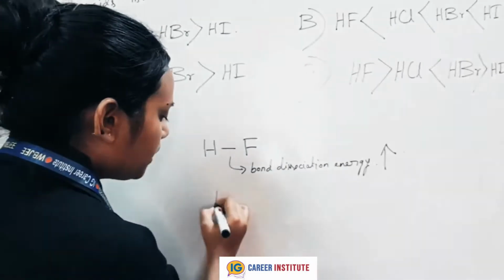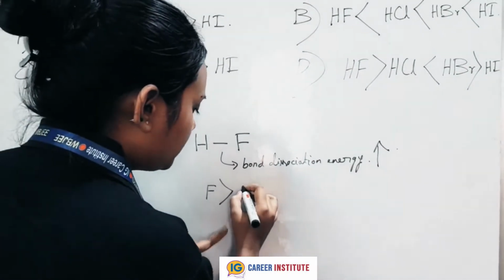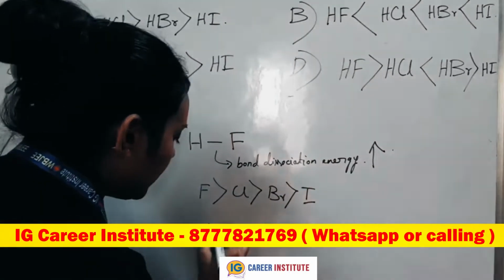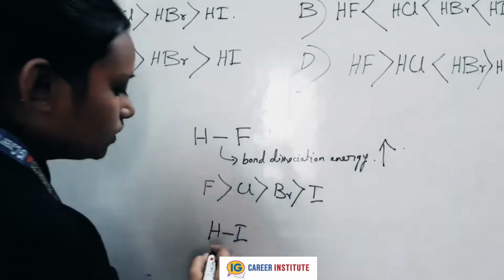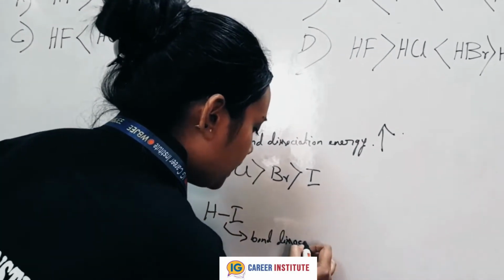So, following the trend in the periodic table, we know fluorine has greater electronegativity, then comes chlorine, then bromine, and then iodine. So, the HI bond is the weakest amongst all these 4. So, the bond dissociation energy is less in case of HI.